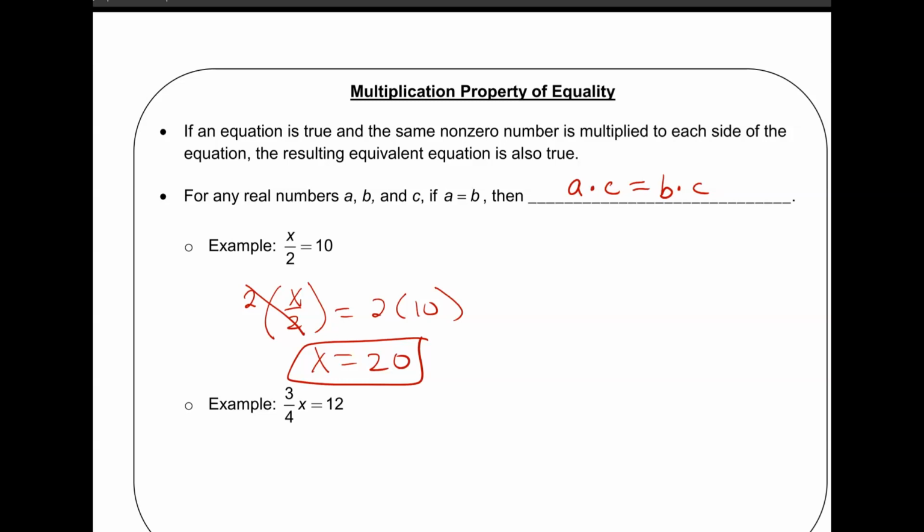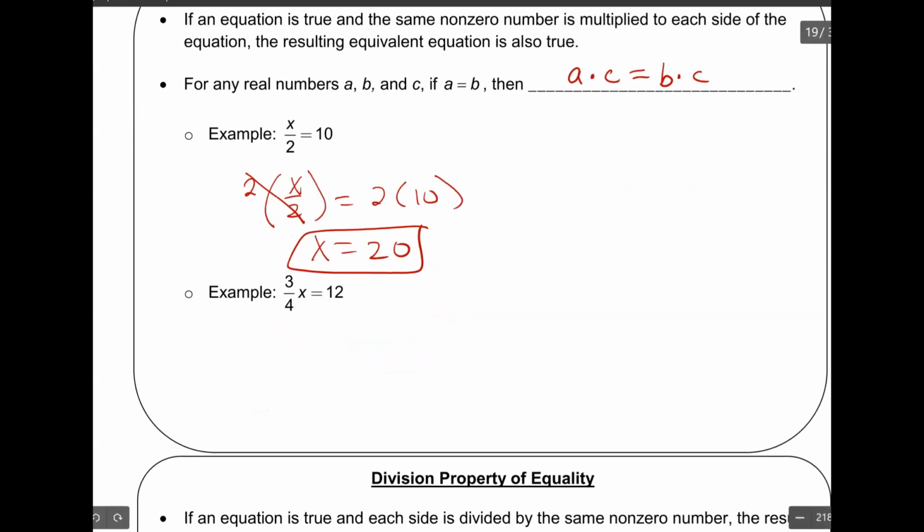So over here, if I have 3/4 x equals 12, Lauren, how would I get rid of this 3/4? Don't just divide by 3/4 on both sides. Yeah, I could, and it's the same thing as multiplying by the reciprocal, 4/3.